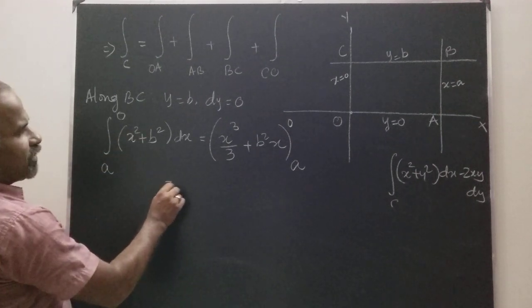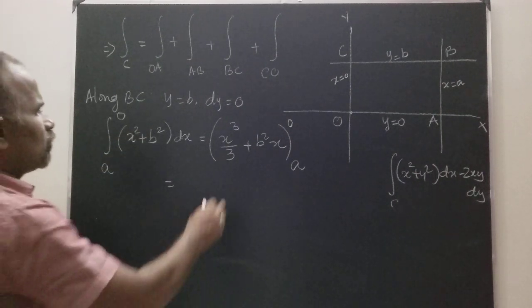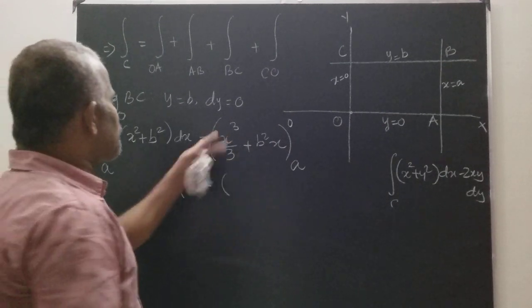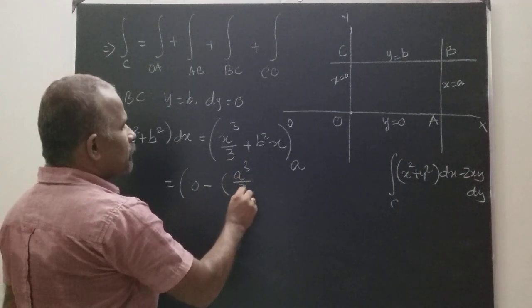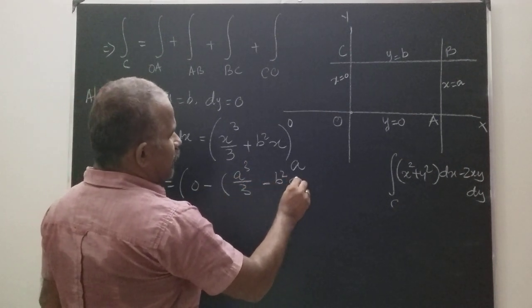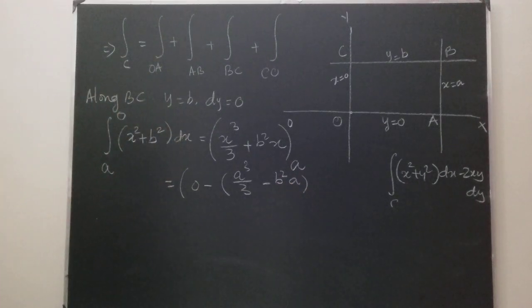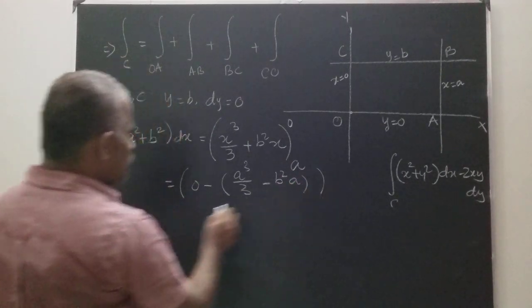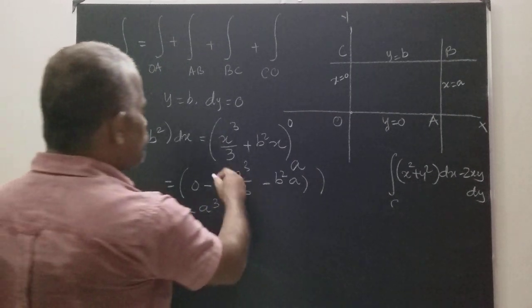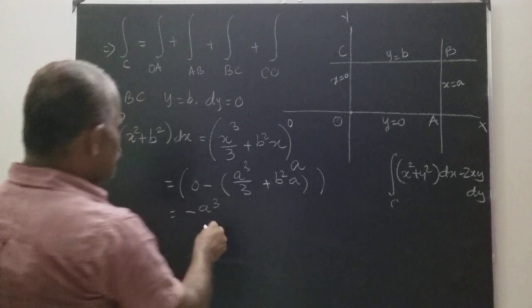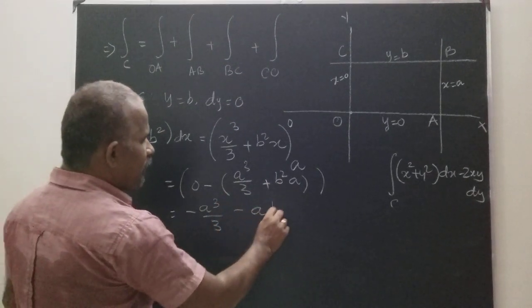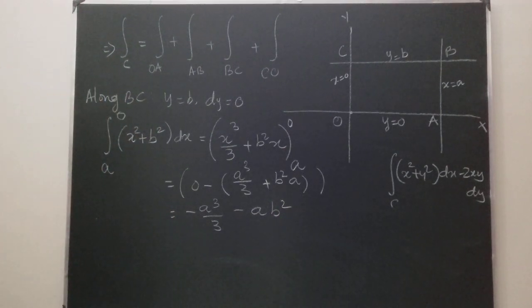Upper limit is 0 minus the lower limit, a cube by 3 plus b squared a. So this is equal to minus a cube by 3 minus a b squared.